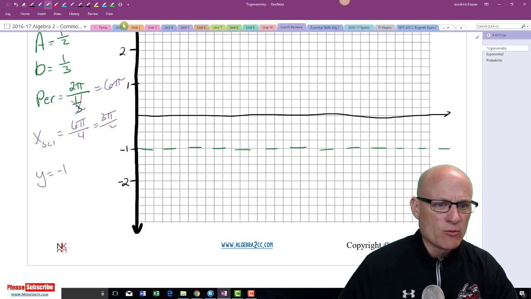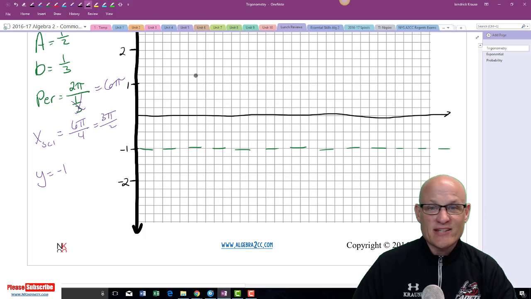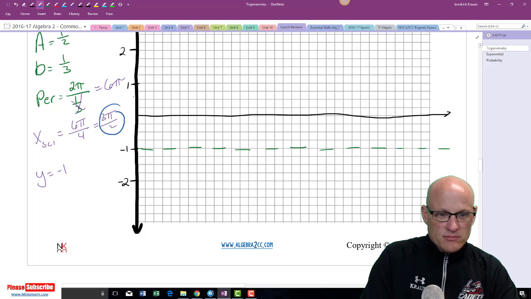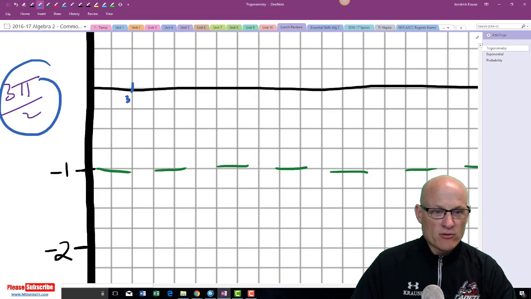All right. So, this is a sine. Oh wait, I haven't done my y-axis. So, let's do this. 3 pi over 2. Add 3 pi over 2 and 3 pi over 2.